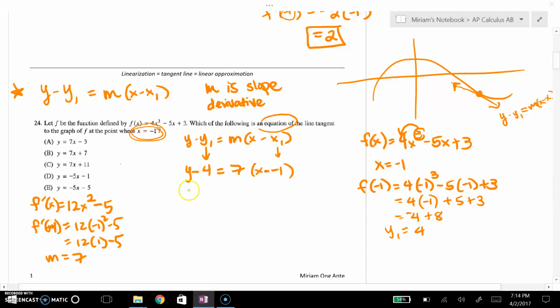Now if I simplify this, y minus 4 equals 7 times x plus 1. I don't see the match in my multiple choice, so I need to work a little bit to make it look like one of the multiple choice options. Well, this part is the algebra, so I'm going to distribute the 7. I'm going to add the 4.